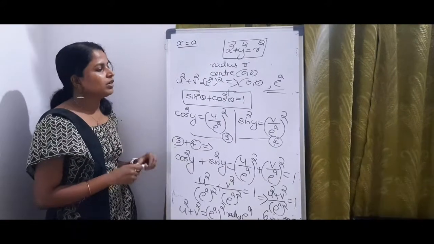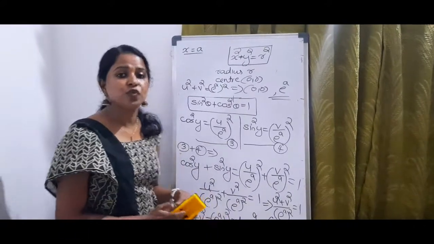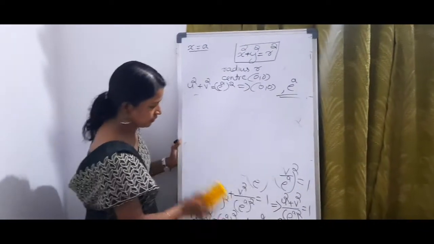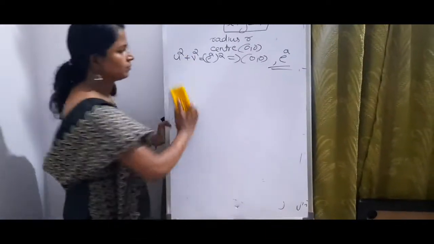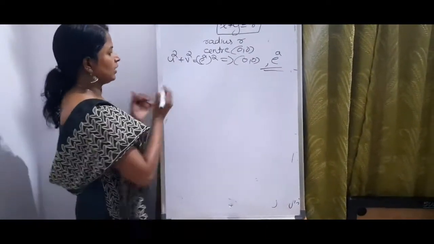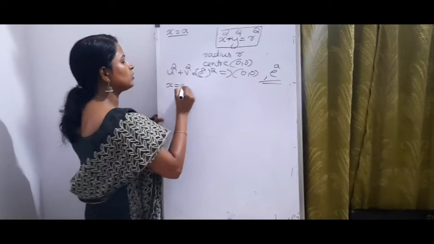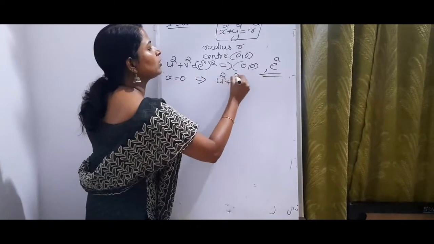Okay. Next we move to the second case for the values of y. Before that we plot the graph. First case we take x equal to 0. Our circle is u square plus v square equal to 1.